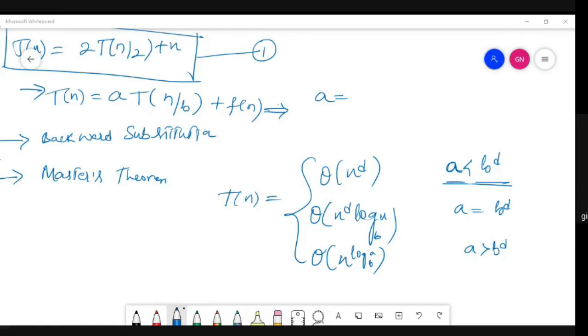Well, yes, it's correct. For the master's theorem, whenever your a is less than b power d, the first one is correct, whatever we have taken.